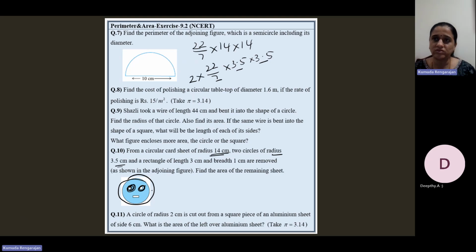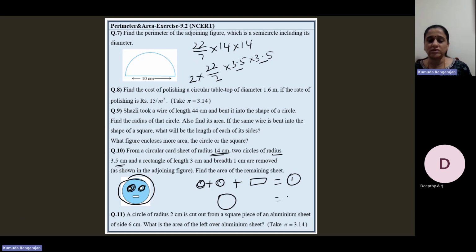Then find the area of the rectangle, L into B. After you find the area of the two circles and the rectangle, add all this. So you get an answer, let me call it 1. And then you have the area of the circle, let's call this 2. So 2 minus 1 will be the area of the remaining sheet.